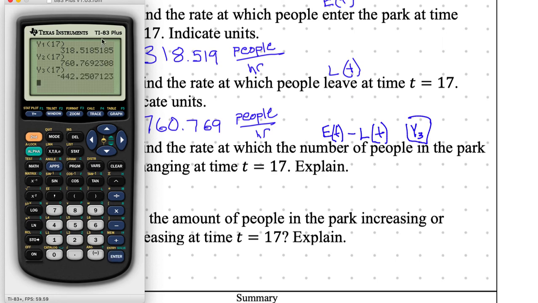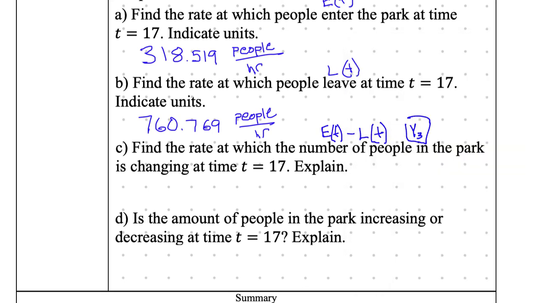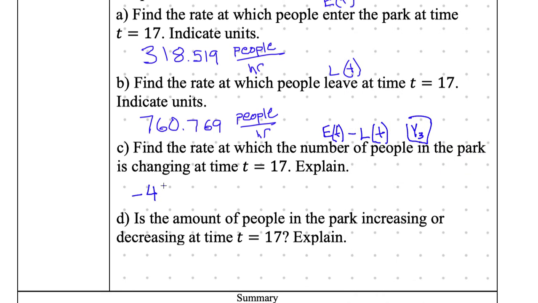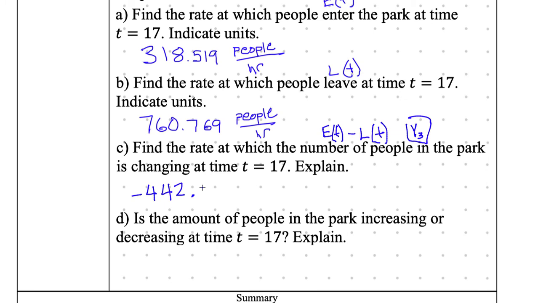Theoretically, you could do 318 minus 760 and get the same answer, but this is a far faster way of finding that. You're just plugging in 17. So negative 442.251. Again, our units is still talking about a rate, so people per hour.